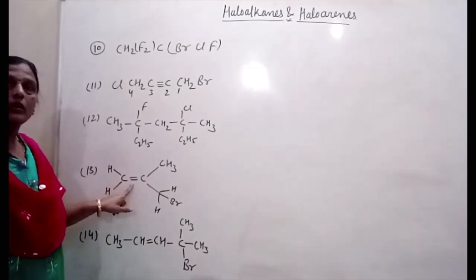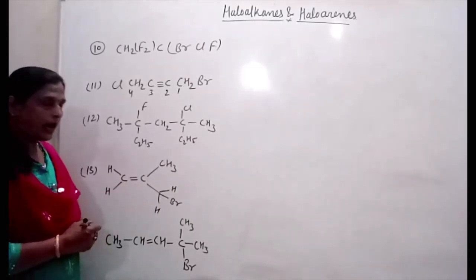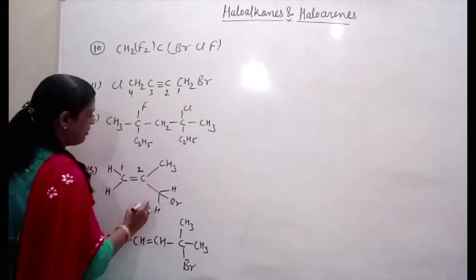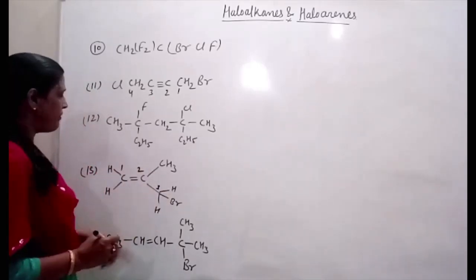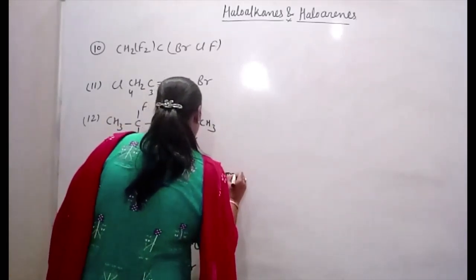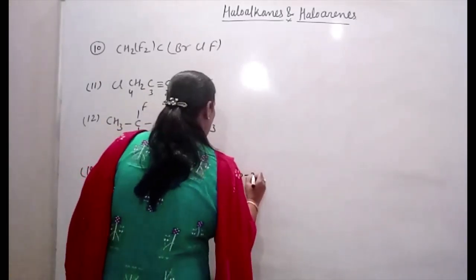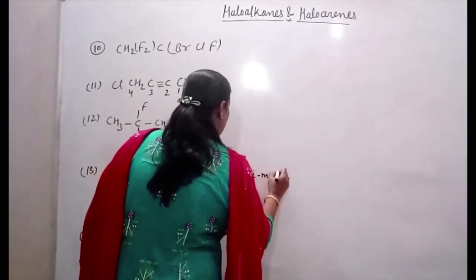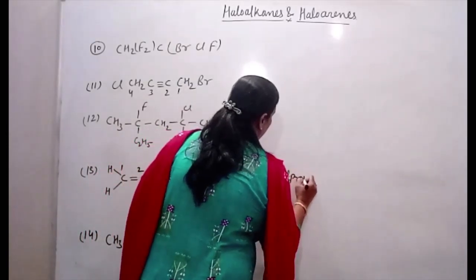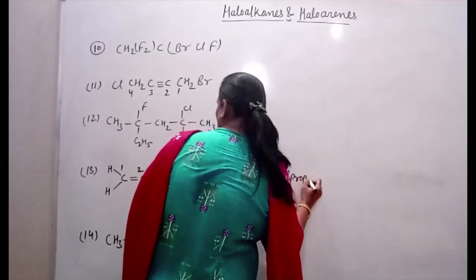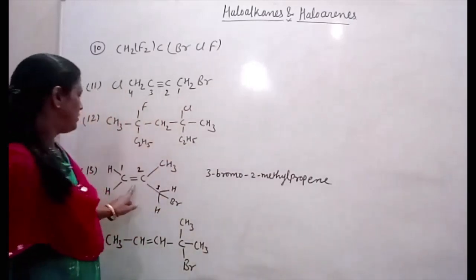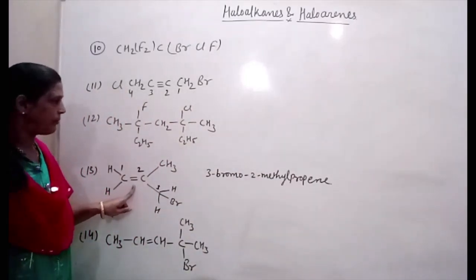Preference is given to the double bond according to IUPAC, so we will give the number from here, 3, and its name is 3-bromo, 2-methyl, prop, suffix ene, because this is an unsaturated compound.